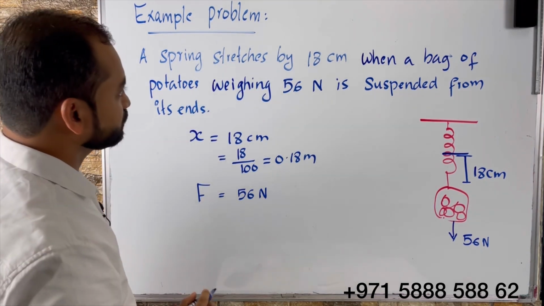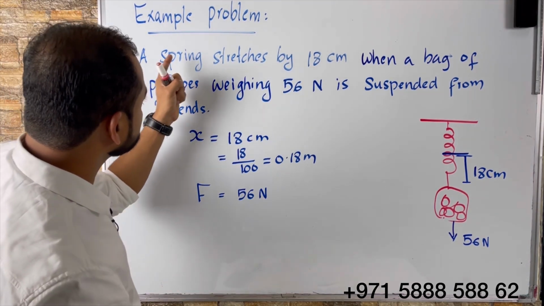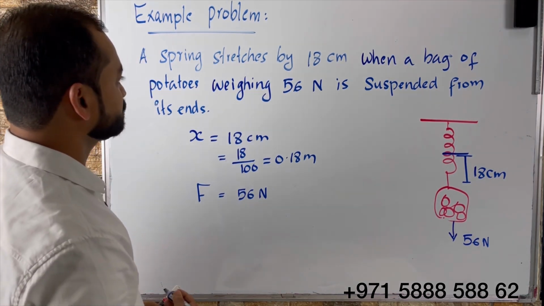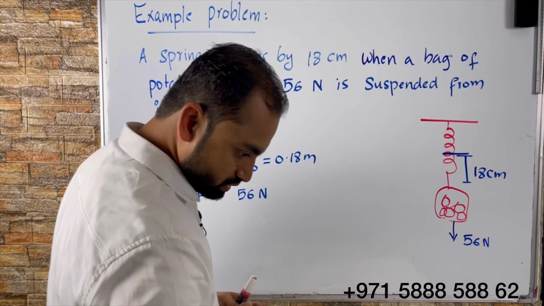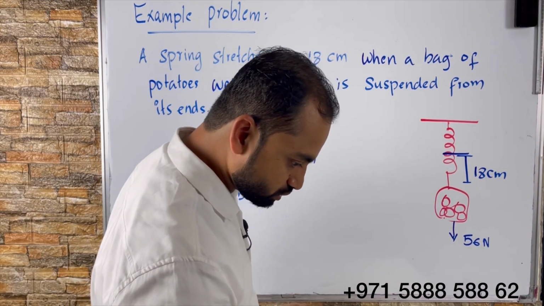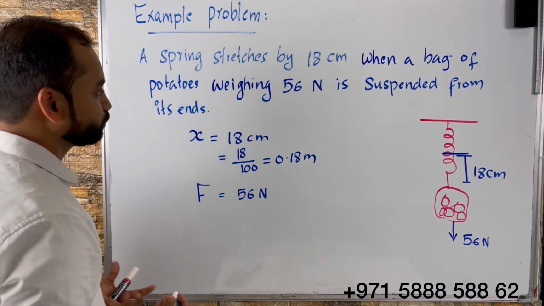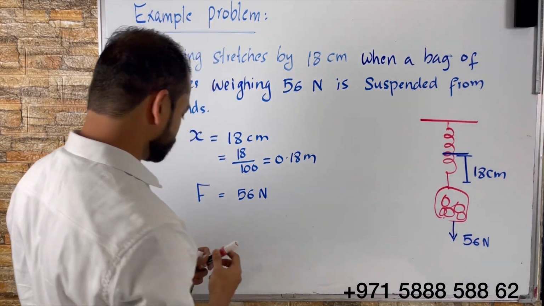What do you have to calculate? There are 2 questions in the textbook. Question A, determine the spring constant, and question B, how much elastic potential energy is stored in the spring.